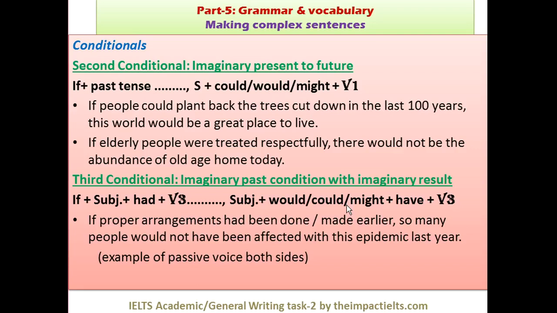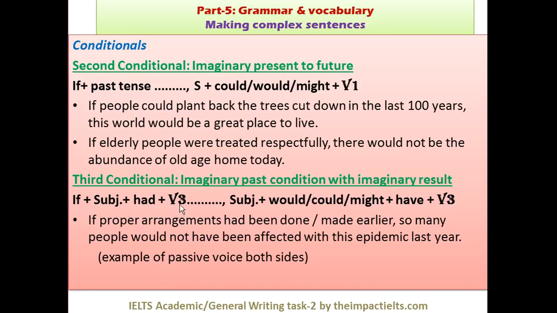There can be a fifth type of conditional sentence which can mix a past action with a present result. There you have to combine both of these cases. I'll just give you one example. For example, you say, if I had studied science in my higher secondary, so that was a past condition, right?